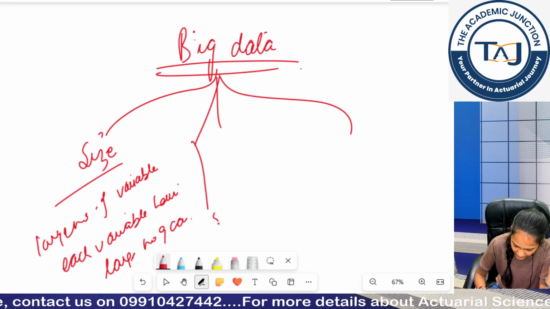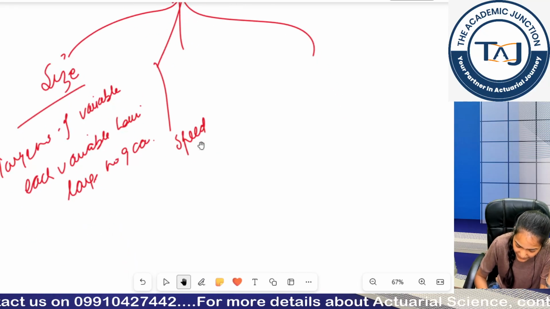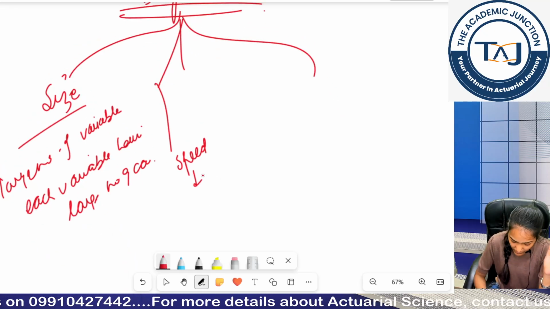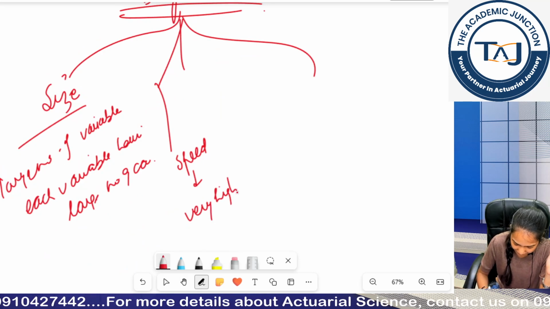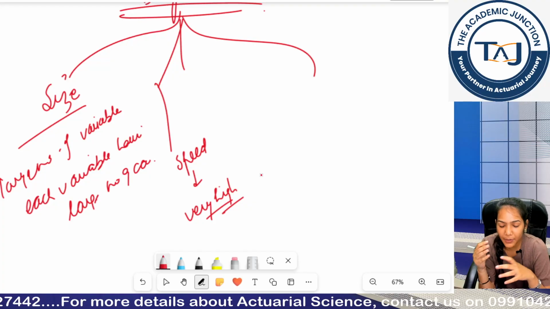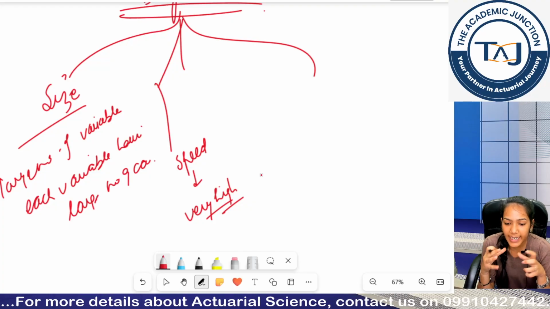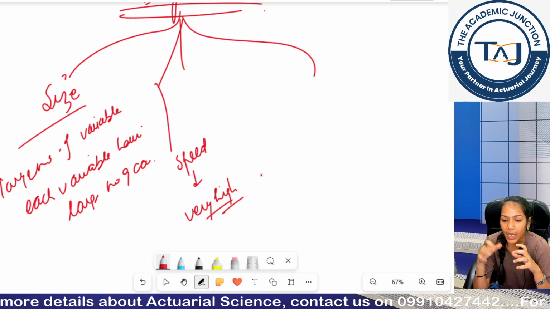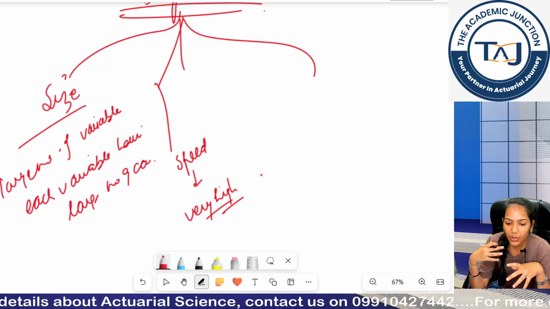Then we talk about speed. The speed at which data comes is very high. For example, take the internet: there is a system that extracts information about what sites people go to on the internet.